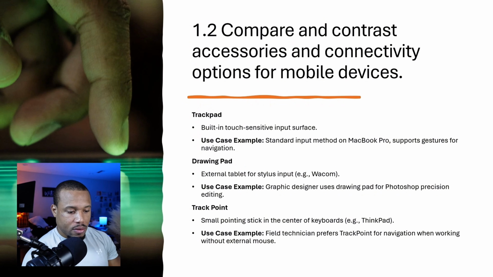A track point, often found on ThinkPad keyboards, is a small pointing stick that allows navigation without an external mouse, which can be especially useful for field technicians. Together, these tools highlight how input devices are tailored for efficiency, creativity, and mobility.